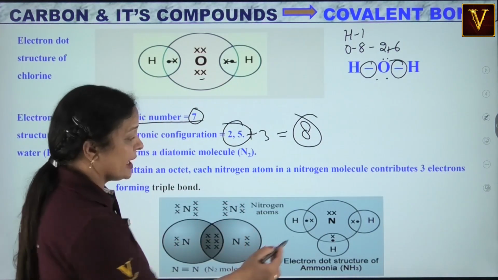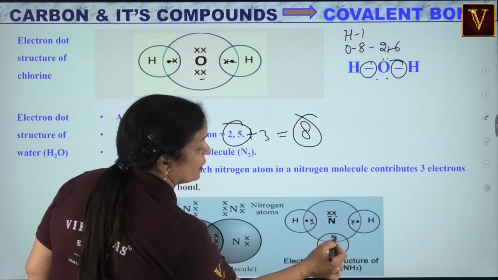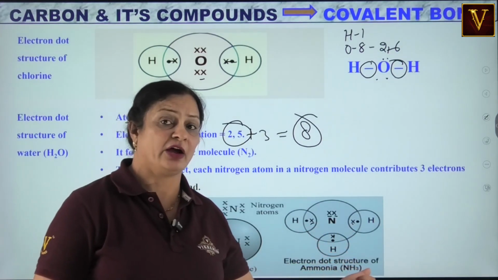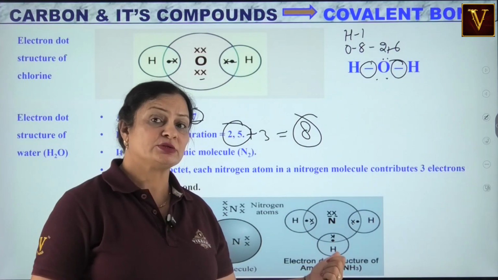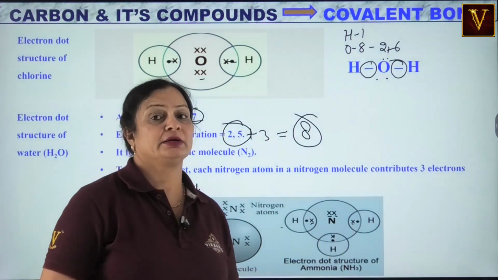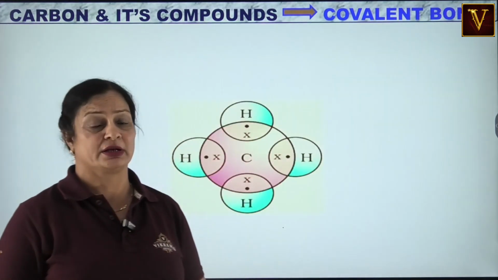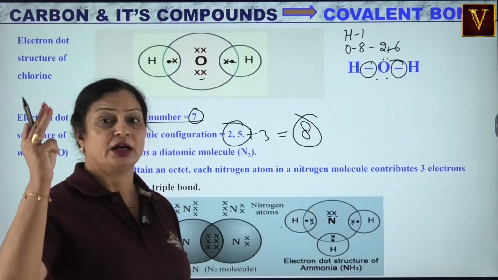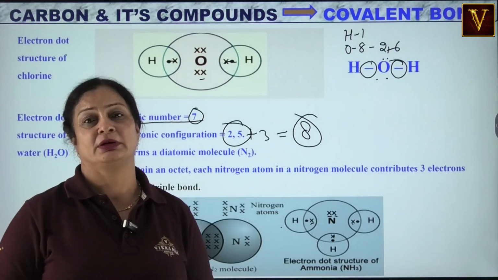So nitrogen has 1, 2, 3, 4, 5 and each hydrogen has 1 electron. In this way, hydrogen completes its duplet and nitrogen completes its octet. In this way, 3 single bonds are formed.